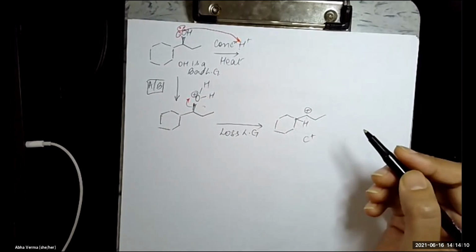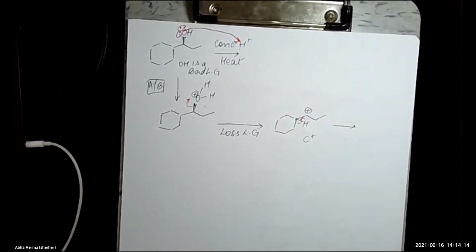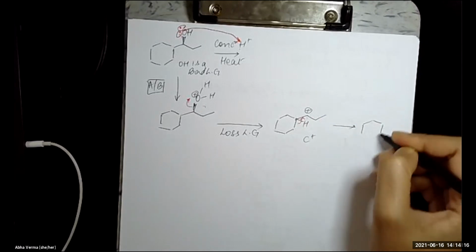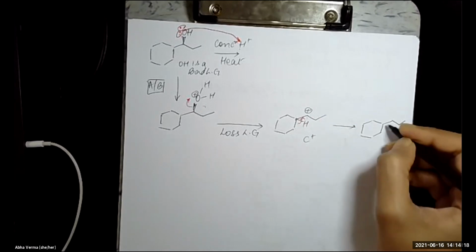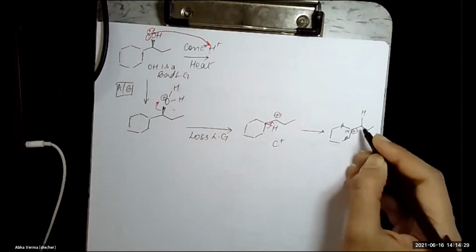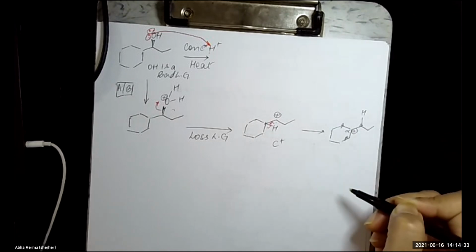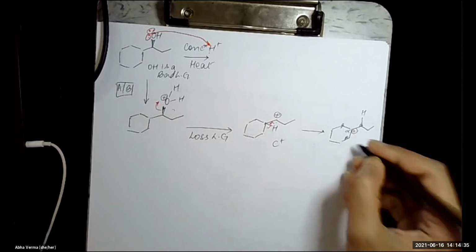Carbocations are going to rearrange. So this hydride shift will occur and this tertiary carbocation will form. This is your alpha carbon. These are your beta carbons.